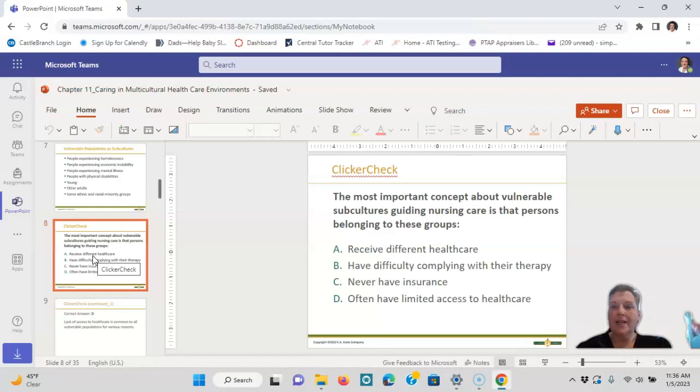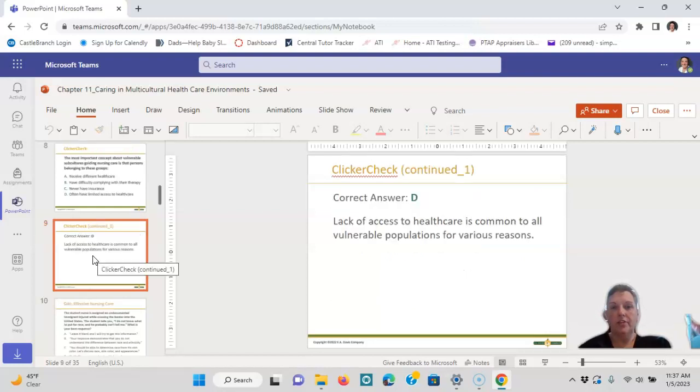If you think back to HCR 230, three of these are considered stereotypes, right? So you never want to do that. Subcultures being vulnerable means that you generally have a lack of access to healthcare. That's common to vulnerable populations.